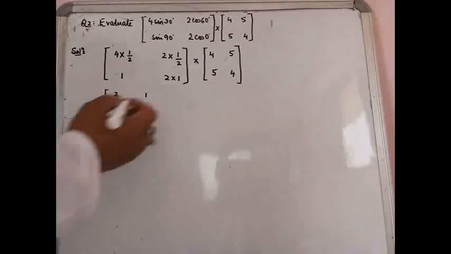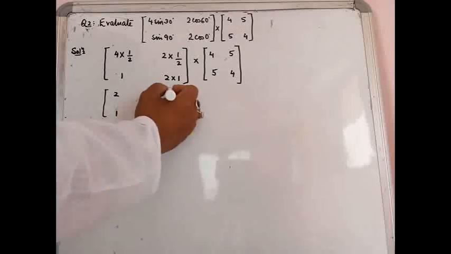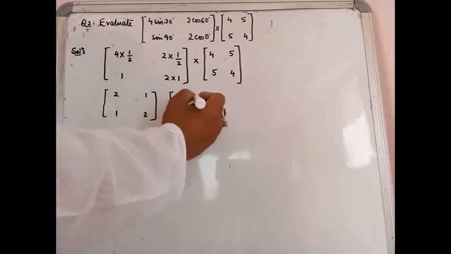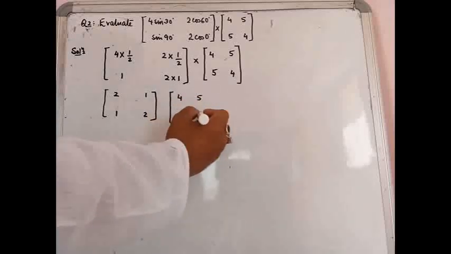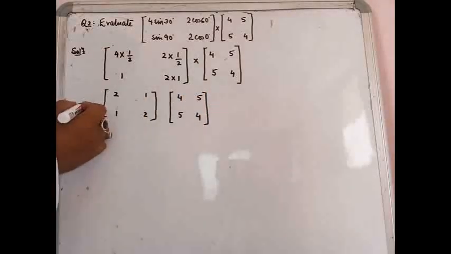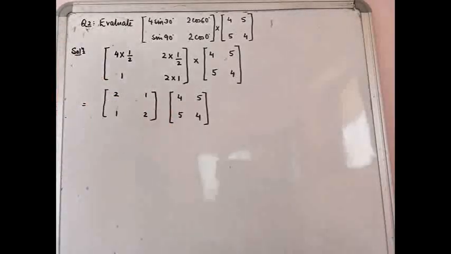This 1 is already there, and 2 into 1 will give you a value 2. This is being multiplied with 4, 5, 5 and 4. So these are the 2 matrices that are being multiplied. These are the simpler versions.